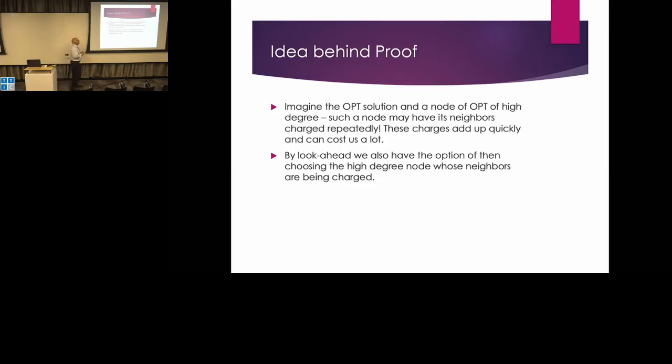But here's the insight. Maybe I'll use the board and just show you one picture. So what's happening is that you have some optimum dominating set, which is very high degree nodes which are intuitively connected and all that, right? We are making greedy choices by picking some other nodes, and when we make a greedy choice, I charge all of the neighbors that I cover, and that depends on my degree d, right?